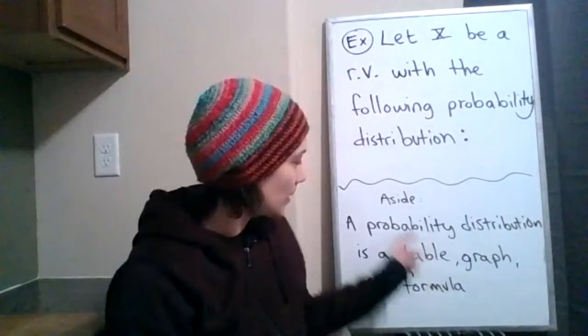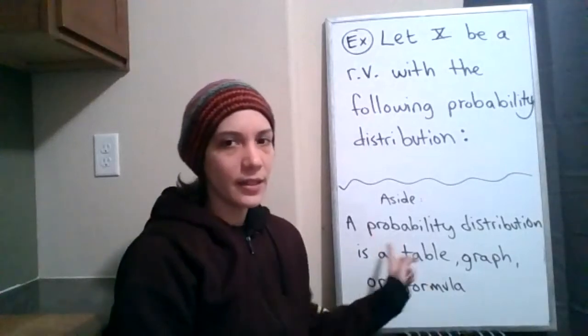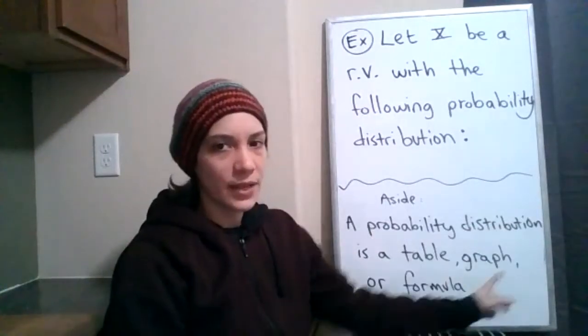We're going to use tables. And I want to address that question about finding the mean for formulas. A little iffy about doing it for a graph. Anyway, so its probability distribution can be this, this, or this. That lists values of the variable.